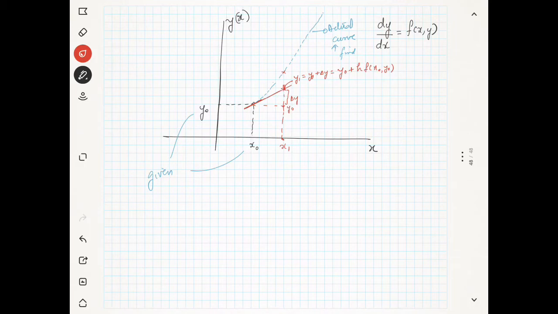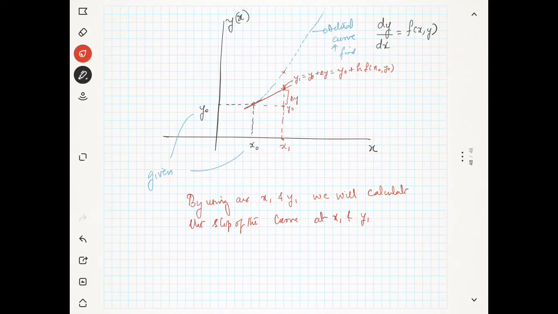So what we will do is find the slope of the curve by using this x1 and y1. That means by using our x1 and y1, we will calculate the slope of the curve at x1 and our y1.